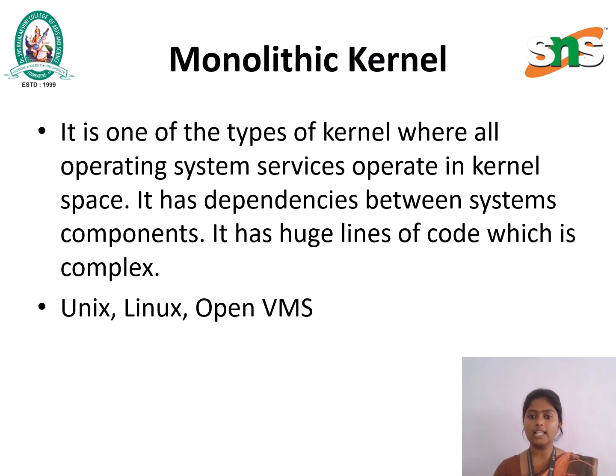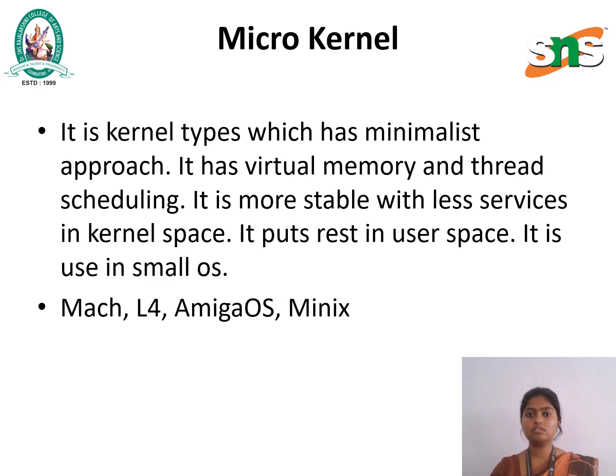It has a huge number of lines of code, which is complex. Examples of monolithic kernels are Unix, Linux, OpenVMS, and virtual machine. Unix we have already worked with in our laboratory, Linux is the current trending one, and open virtual machine we are also learning about day by day.